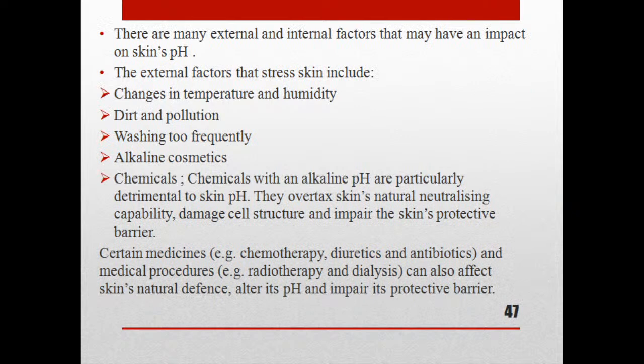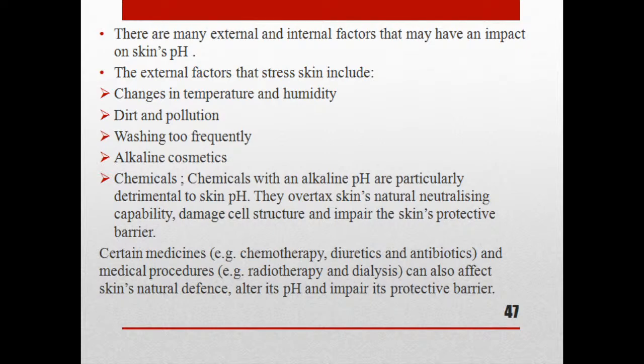There are many external and internal factors that may have an impact on skin pH. The external factors that stress skin include changes in temperature and humidity, dirt and pollution, washing too frequently, and alkaline cosmetics. Chemicals with an alkaline pH are particularly detrimental to skin pH.